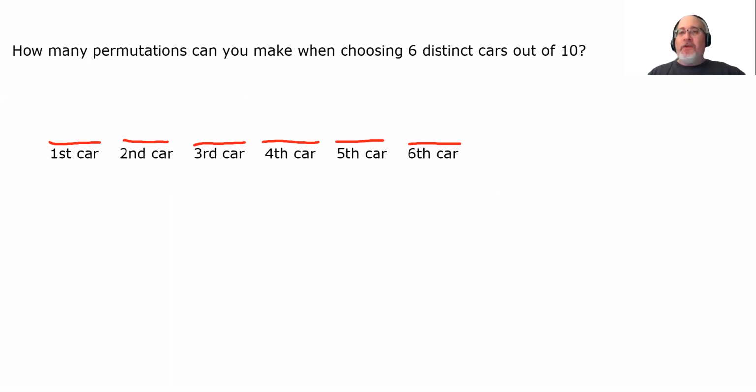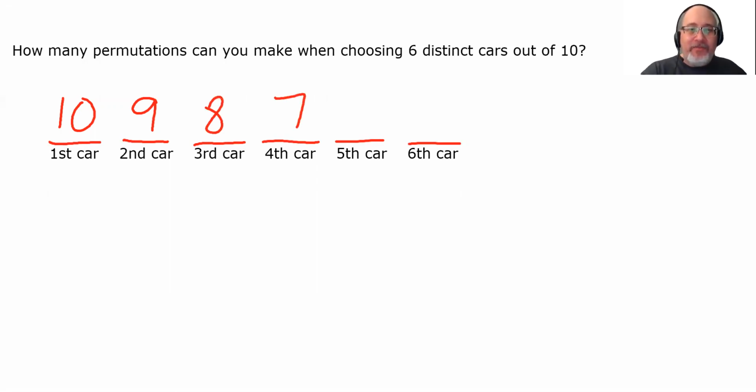For the first car, there are 10 cars to choose from, so our first blank has a 10. But after we park that car, how many choices do we have for the second car? Not 10, because we can't park the first car again, but 9. And then after we park that car, there are only 8 cars left to choose for the third parking space, and then 7, and then 6, and then 5.